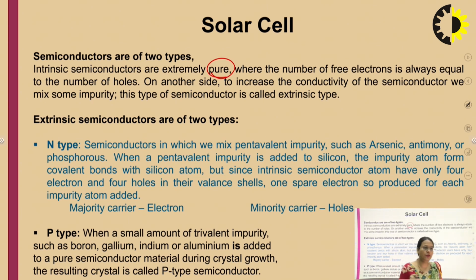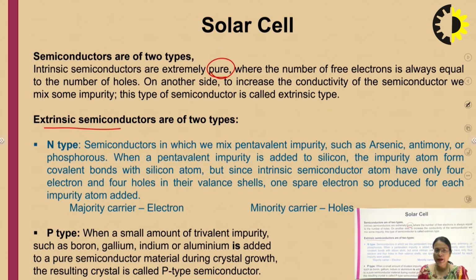While in case of the extrinsic semiconductor, some type of impurity is mixed in it, right, so as to increase the conductivity of the semiconductor, right. Basically it is of two types, the N type and the P type, right.